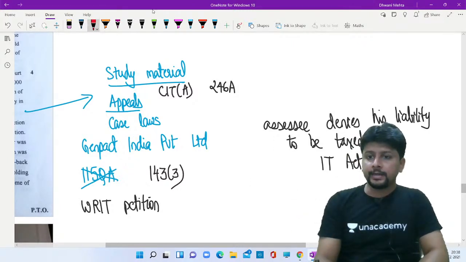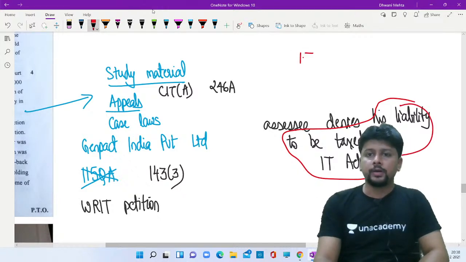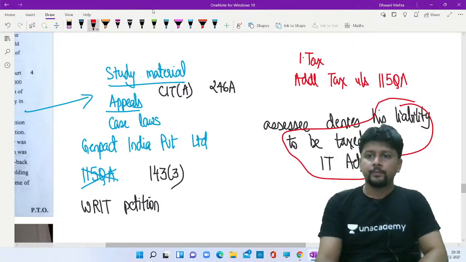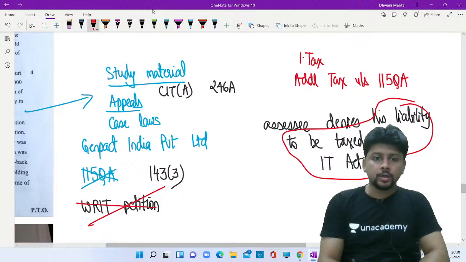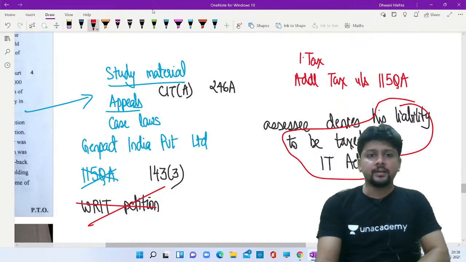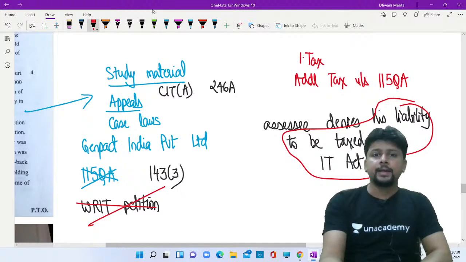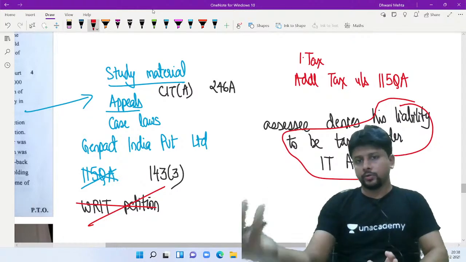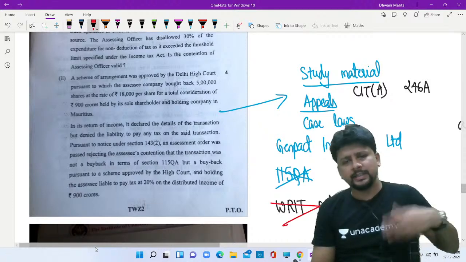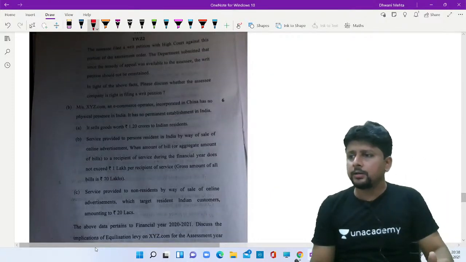And the Supreme Court said liability to be taxed under Income Tax Act not only includes income tax but also includes such additional tax under section 115QA. So writ petition was the wrong approach, because in the Income Tax Act there is already a remedy available of filing an appeal with Commissioner Appeals, and so you have to give your answer according to the judgment. Genpact India said that filing a writ was wrong.